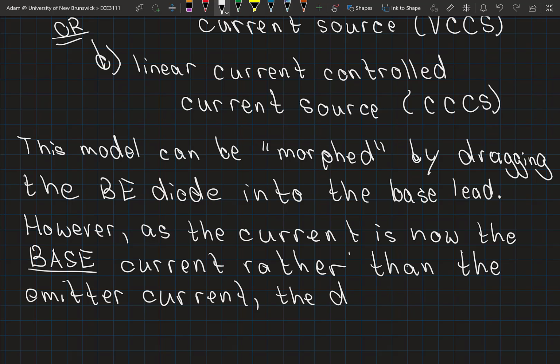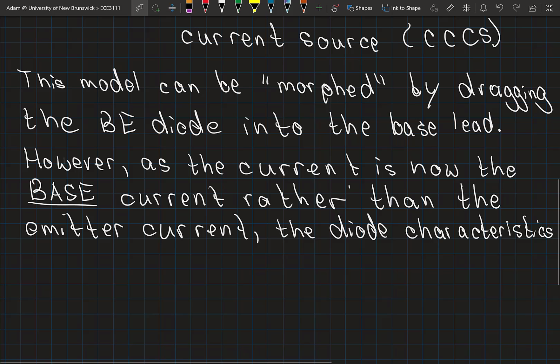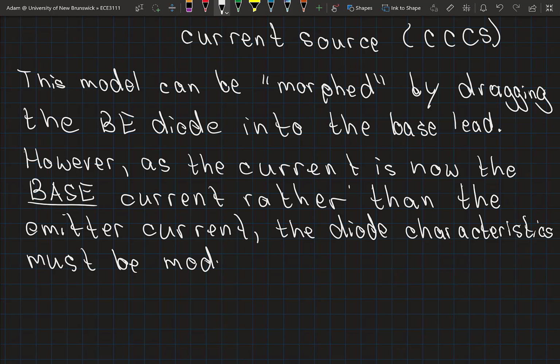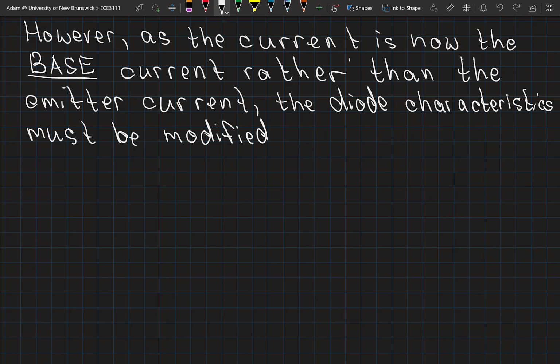As I said, the diode characteristics will have to be modified appropriately.